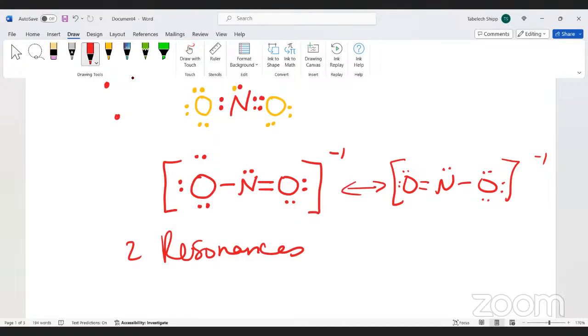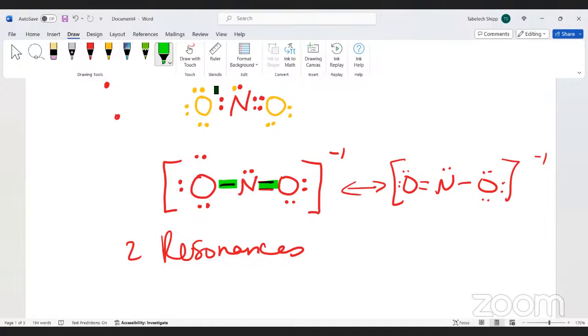Now, how many bonds are attached to the middle element? You only focus on the middle element. So I look at nitrogen right here. Nitrogen has two bonds. You don't consider the double bond as two; you consider the double bond as one bond, meaning just think about how many different elements you have.